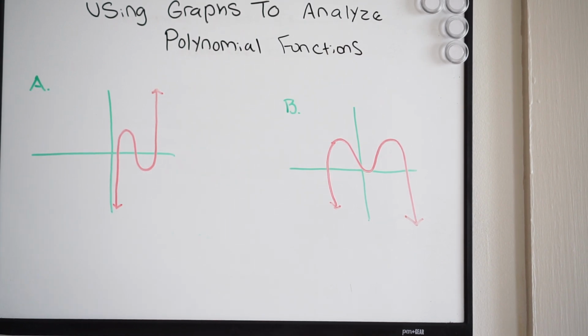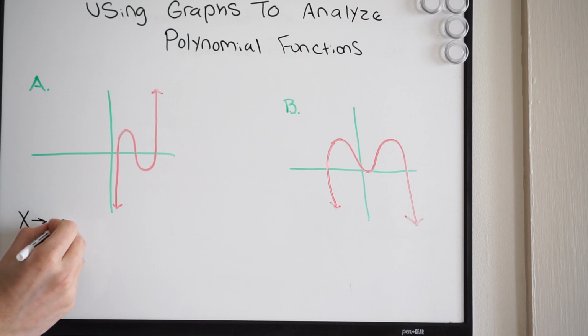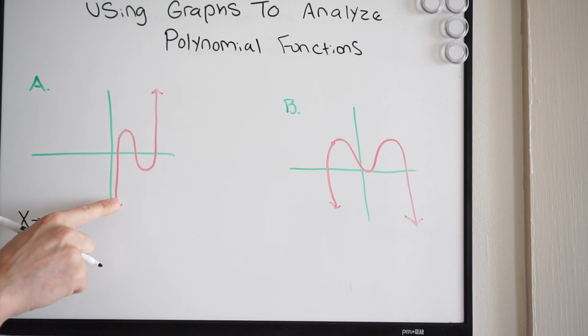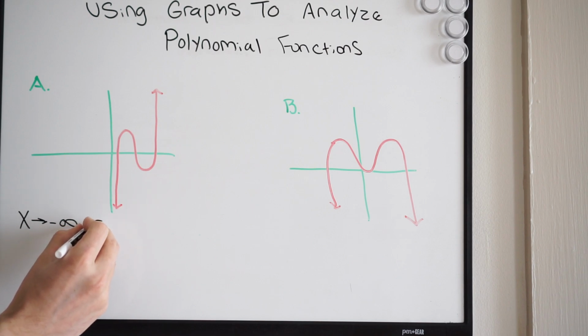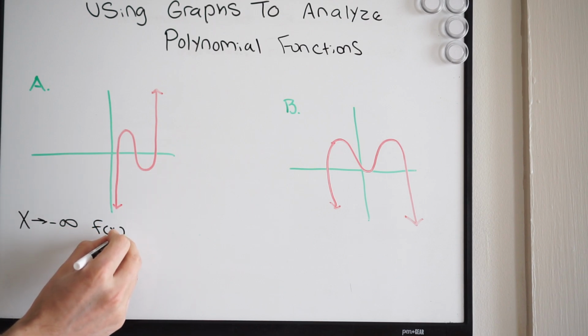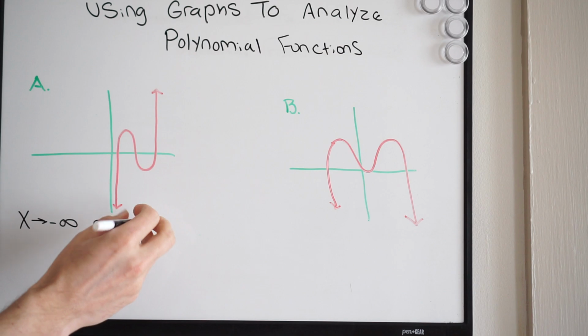Alright. So in order to do this, we need to first write out the criteria or what is going on here. So for example, if we look at A, as x approaches negative infinity, what is happening with our function here? Well, as x approaches negative infinity, our function, let's call it f of x, is approaching negative infinity, right?